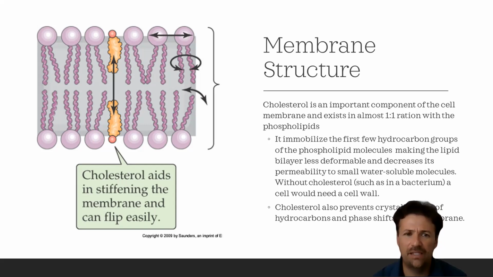So what you find is this cholesterol acts as a stabilizer and affects the fluidity of the membrane. At high temperatures, it stops the membrane becoming too fluid. Whereas at low temperatures, it stops the membrane crystallizing and basically becoming deformed and non-functional. And so cholesterol is a very, very important component of the cell membrane.